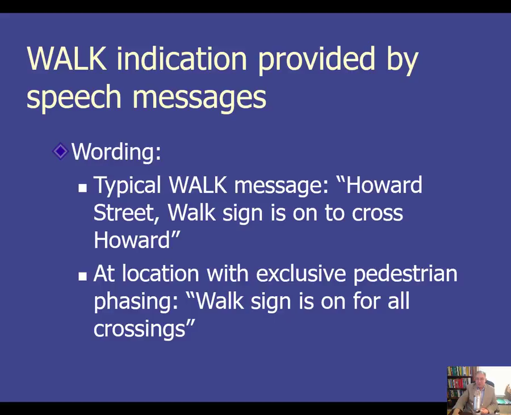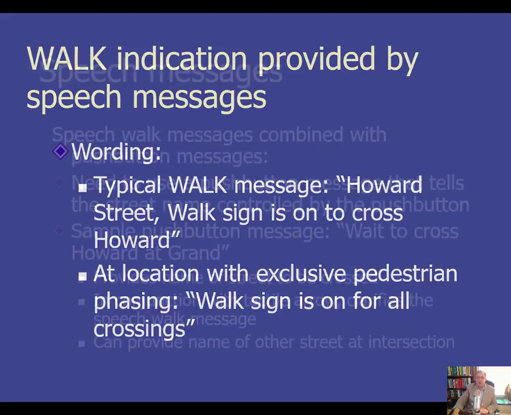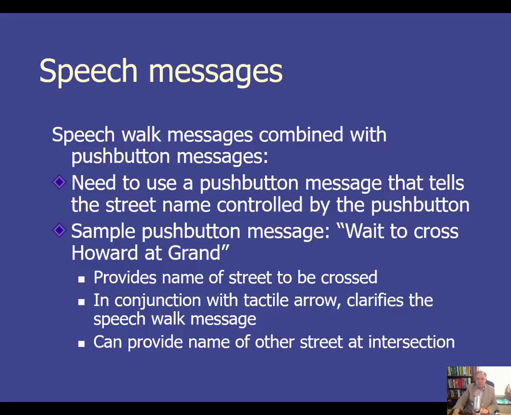And of course, we want to make sure that doesn't delay the person's ability to make a determination by listening to the complete message. But it does provide useful information. And oftentimes when a person is waiting for the crossing, it will say "wait to cross." And it provides the name of the street to be crossed.